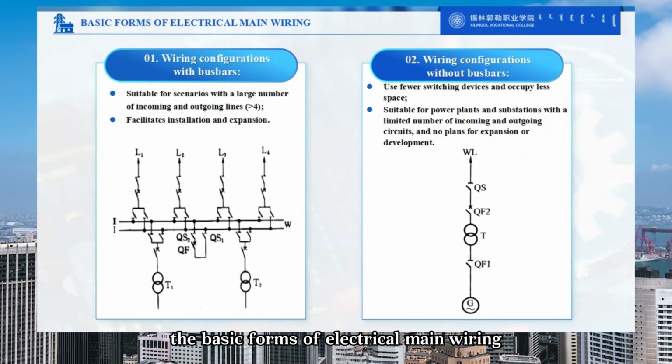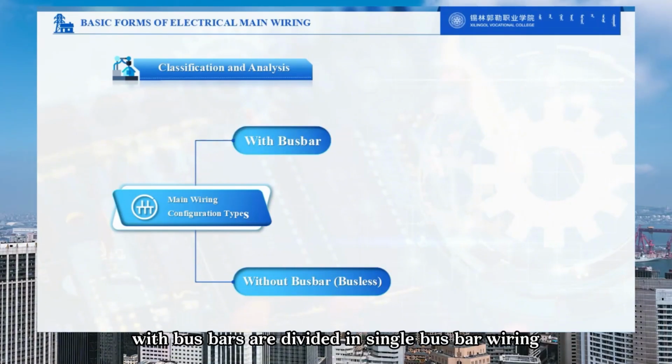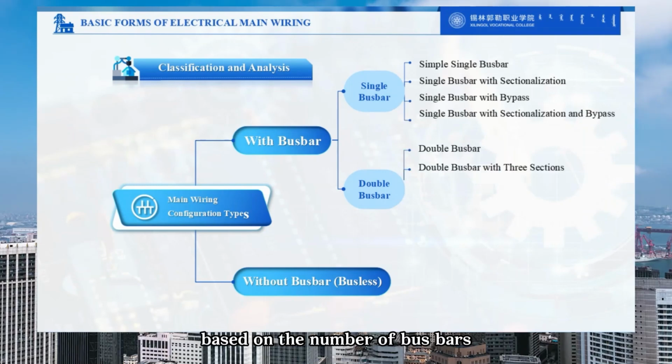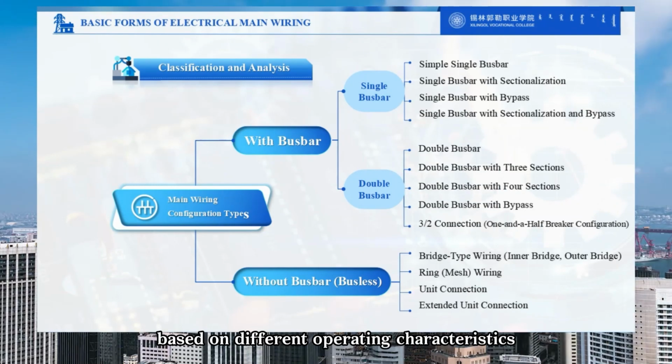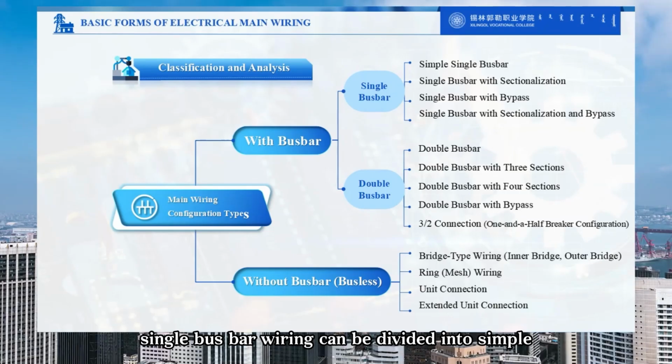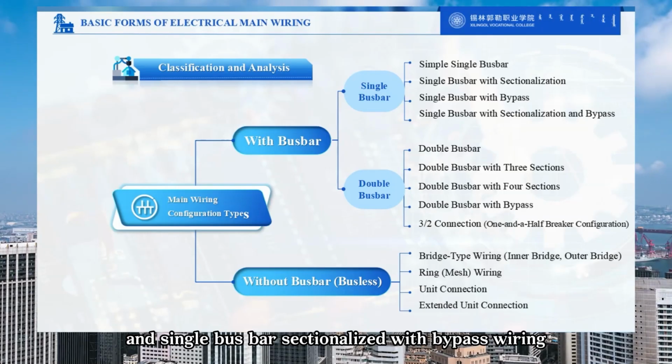The basic forms of electrical main wiring can be specifically divided into the following types. Wiring forms with bus bars are divided into single bus bar wiring and double bus bar wiring based on the number of bus bars. Based on different operating characteristics, single bus bar wiring can be divided into simple single bus bar wiring, single bus bar sectionalized wiring, single bus bar with bypass bus bar wiring, and single bus bar sectionalized with bypass wiring.